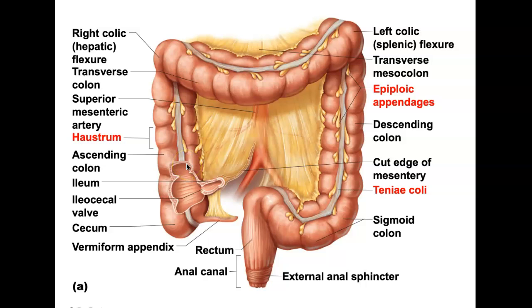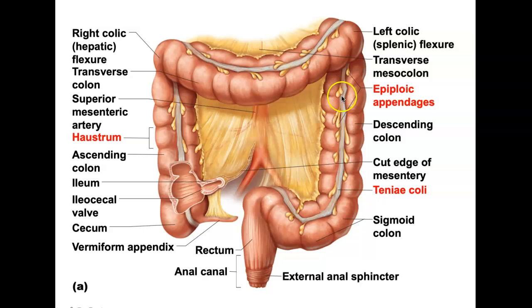It's almost like pulling the elastic on an elastic waistband too tight; it kind of puckers. That's what we're seeing with these haustra. Haustrum is the singular. These little pouches are created by the pulling of this smooth muscle. When the chyme dumps into the cecum, it moves from one haustrum to the other, and this happens because of peristalsis, those alternating contractions.